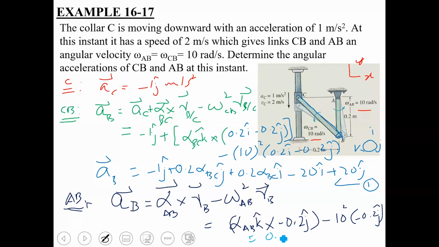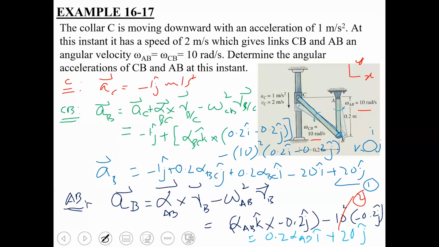So 0.2 alpha AB i, ये आपके पास एक term हो जाएगी, and the second term, minus minus plus हो जाएगा, 10 square which is 100 into 0.2, so 20 j आपके पास आ जाएगा, so plus 20 j. So let me call it as equation number 2.